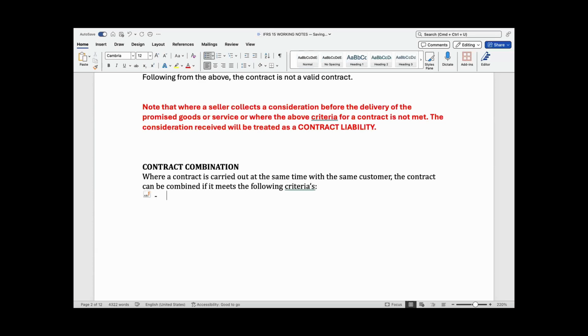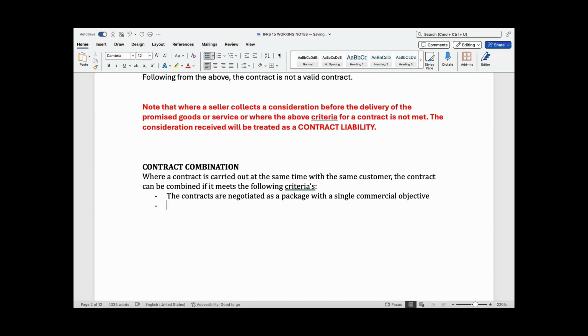Number one, the contracts are negotiated as a package with a single commercial objective.